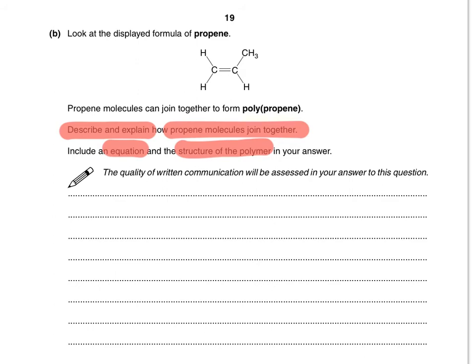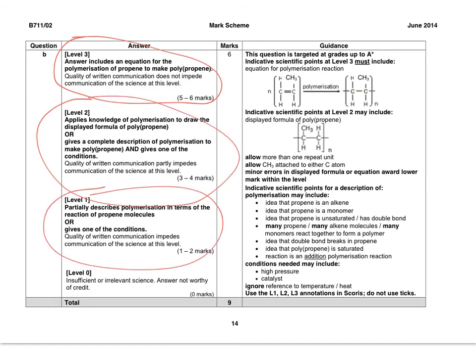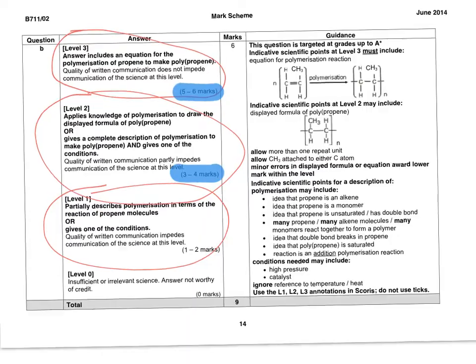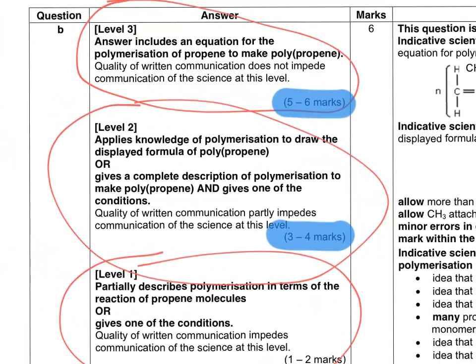Good, so well done. Let's have a little look at the mark scheme. So just as the other 6 marker, we've got level 3, level 2, and level 1. We'll focus mainly on level 2 and 3 because that's where the majority of our marks are, 3 to 4 or 5 to 6 marks. If we have a little look, we can see that to get level 3 we need to do everything in level 2 and a little bit more.